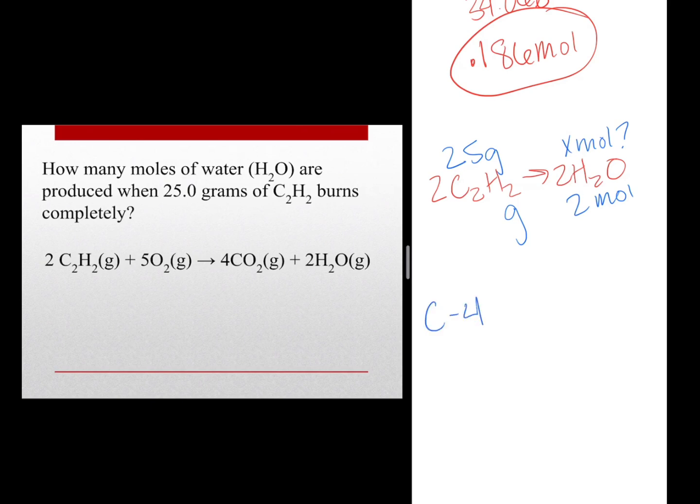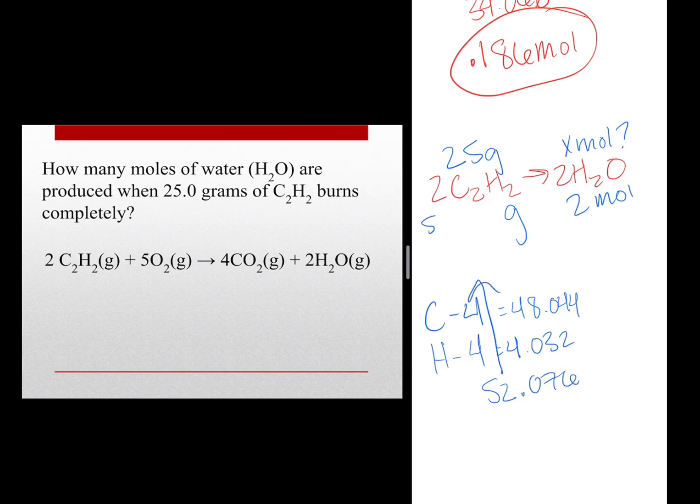So I have 4 carbon and I have 4 hydrogen. So go ahead and add up your mass if you haven't done that already. So my mass that I got was 52.076.